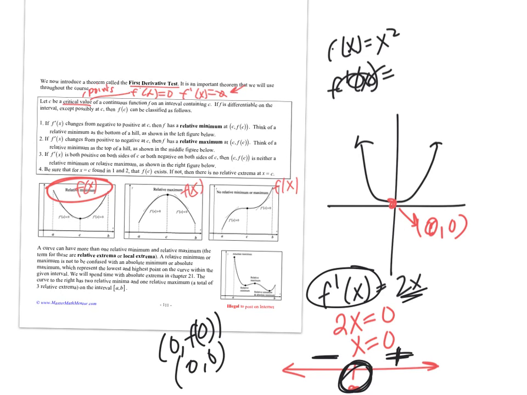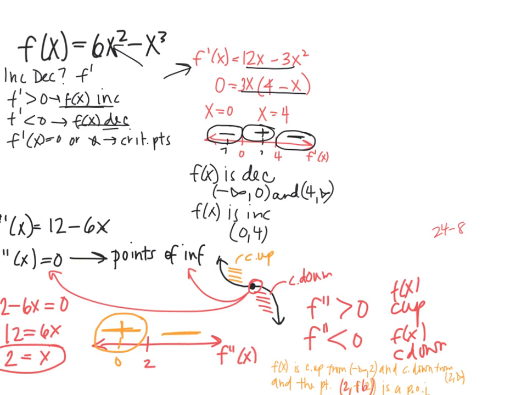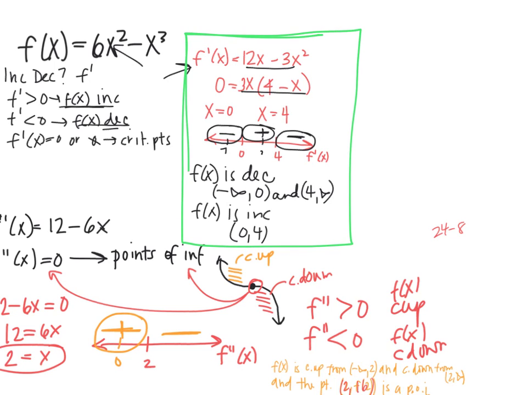Okay? So let's take a look back at the big function we had done before. Here's the one we had worked on before. I know we've got a lot of writing on here, but here was our derivative. And we saw that our derivative changed signs at 0 and changed signs at 4, and we talked about increasing and decreasing. So where are the relative minimums and maximums?